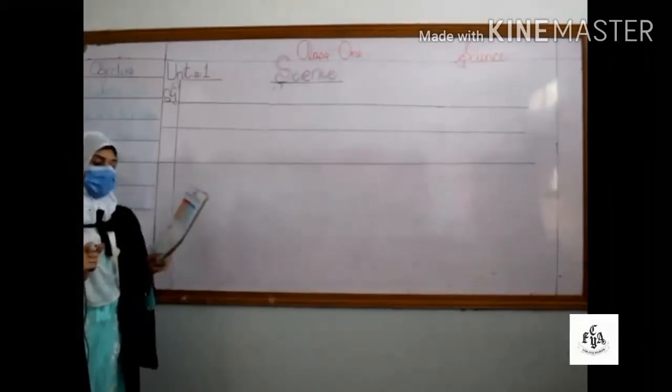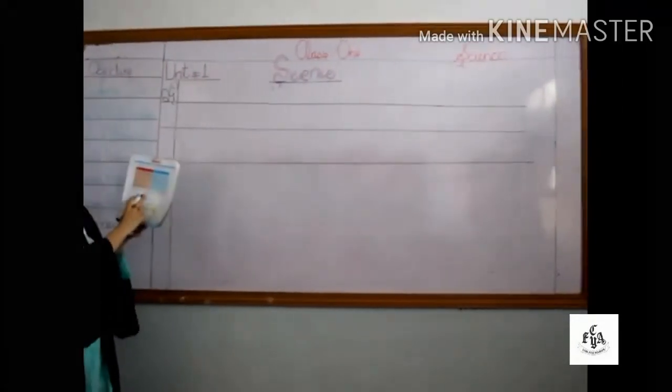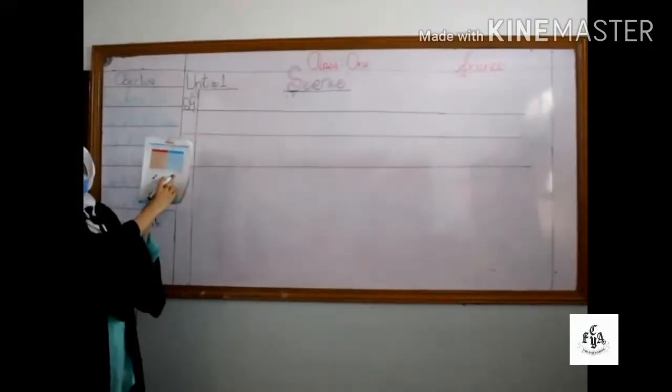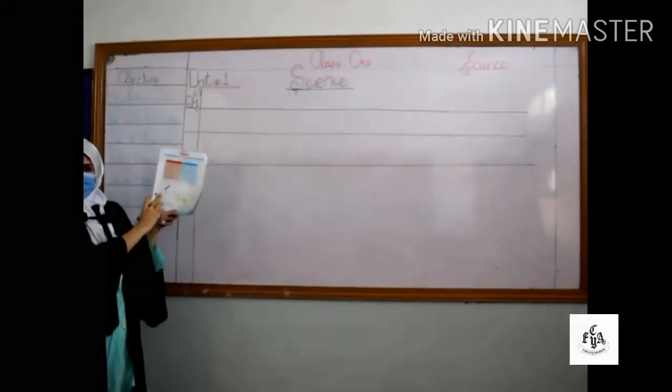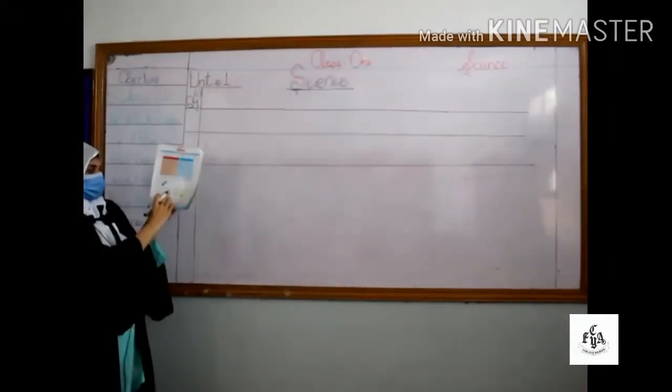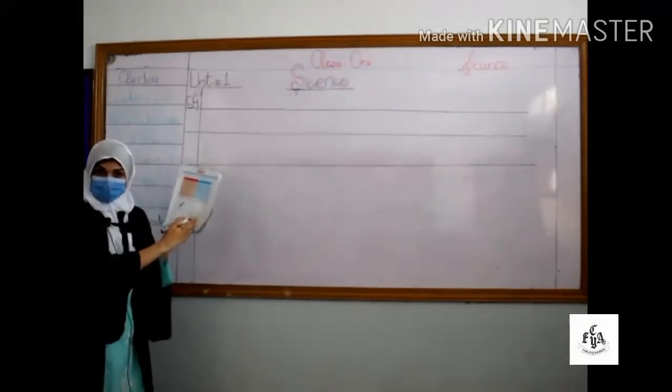In question number 4, part A was draw an ant. How many legs does an ant have? Part B was draw a flower. How many petals does it have?